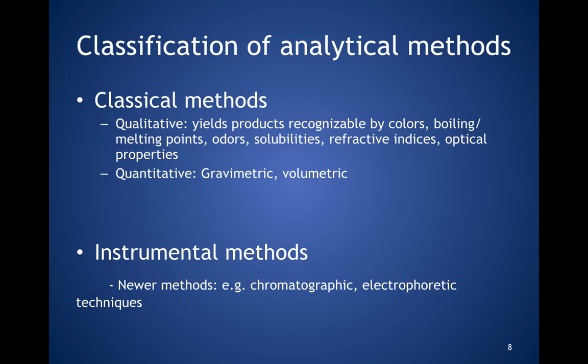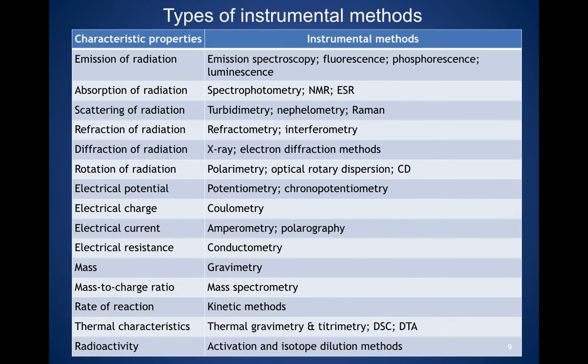We have discussed the classical methods. What about the instrumental techniques? These are newer, sophisticated methods. And going back to your analytical chemistry, you were already given some background on chromatography and some electrophoretic techniques. Just take note that we're also going to delve more into this in instrumental techniques. Now, don't be overwhelmed. I know that there's a lot of information here.